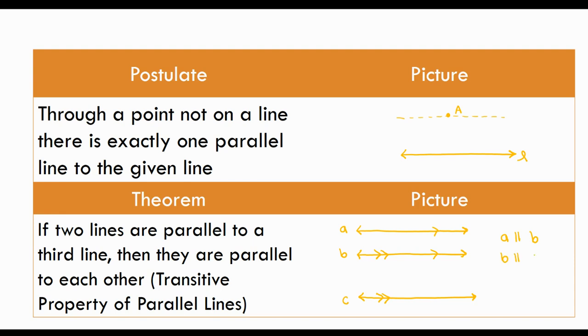So B is parallel to C. If I have that information, notice that it looks like B is parallel to two different lines. So based off of that linkage, that transitive property, therefore, I know that A is parallel to C. Because if A is never going to intersect B, but B is never going to intersect C, then A and C are never going to intersect either.